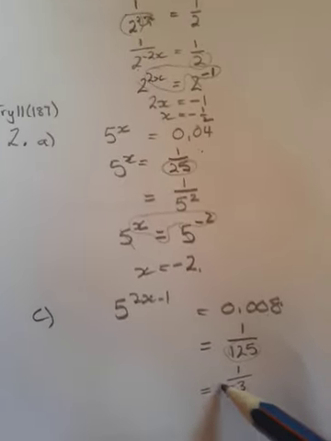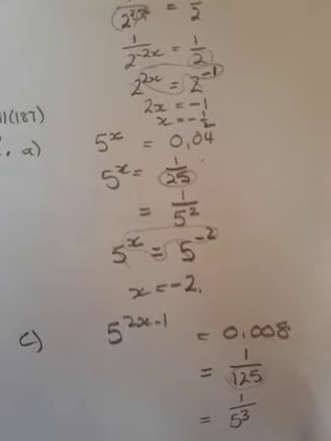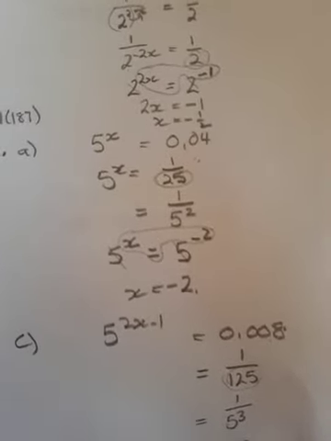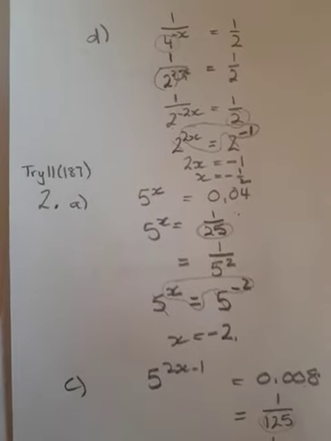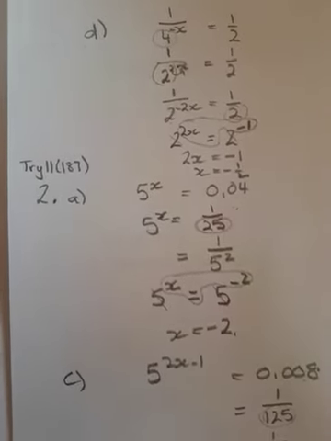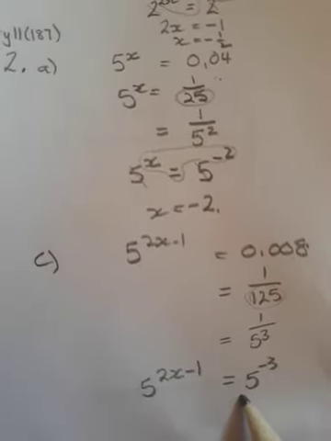And then we apply the negative index law again. So this becomes a whole number with a negative index. So 5 to the power of 2x minus 1 equals 5 to the power of -3.